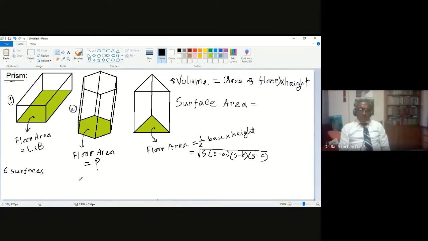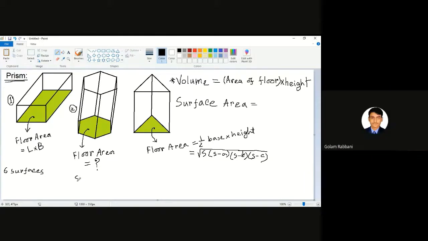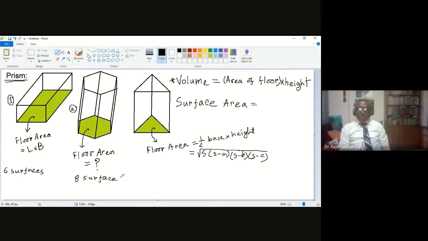How many surfaces do you have for the second figure? Sir, 6 surfaces, upper and lower, so altogether 8. Good, very good. The upper one and lower one are the same, and the side surfaces are also the same in this case. What about the last one?